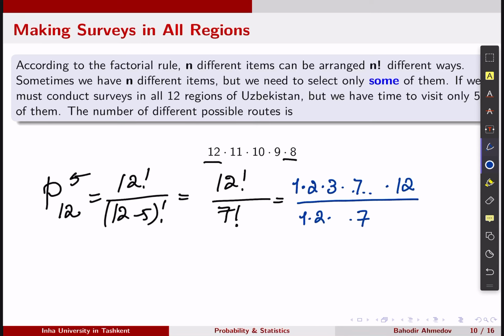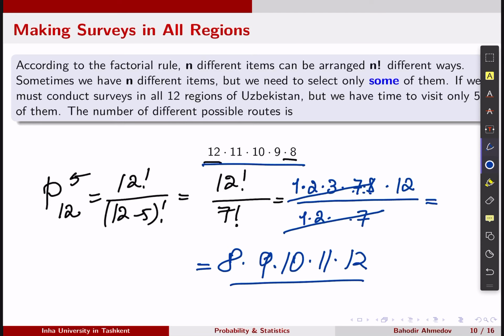So here you have 7, 8, and so on. You can just cancel those numbers, and what you're going to have here is 9, 10, 11, 12. Exactly this one, right? So you are going to have this answer by just putting everything into the formula. So this is what we are going to call the permutation.